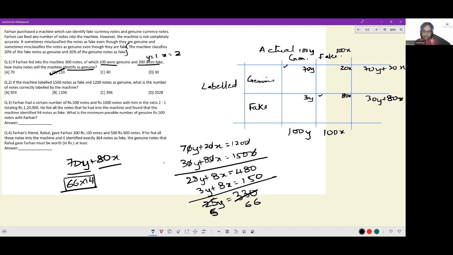I can look at this second expression. 30y is 6 times of 5y. So 30y is 66 into 6, plus 80x is equal to 1500, or 80x is equal to 1500 minus 66 into 6, so 1500 minus 396, or 1104.